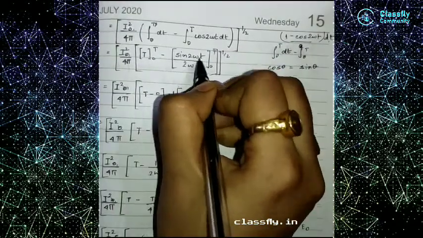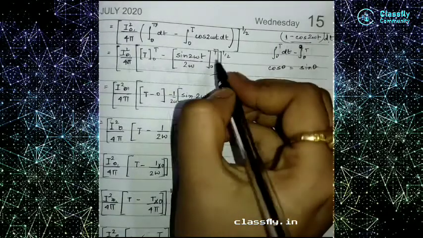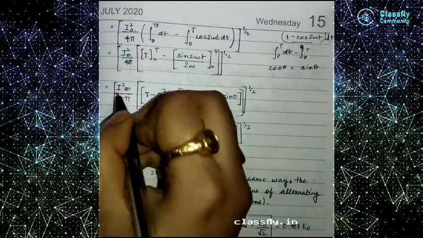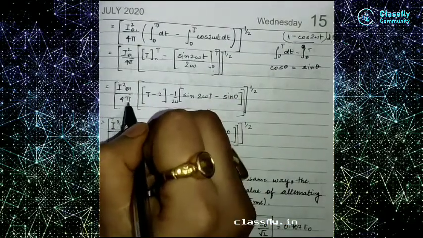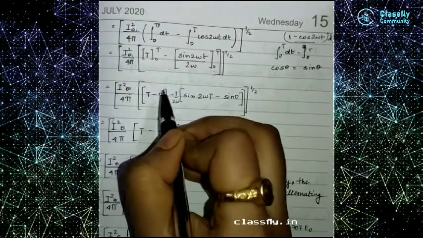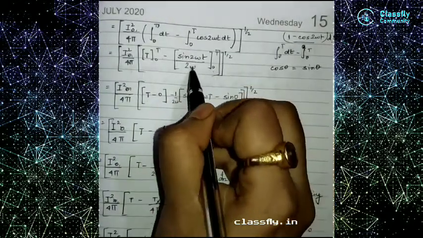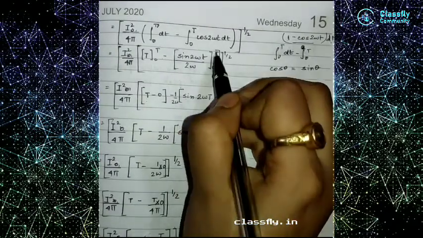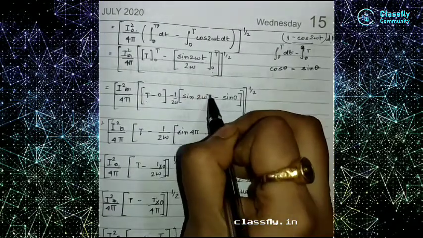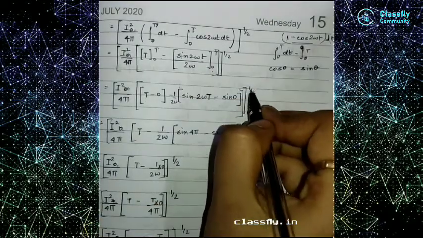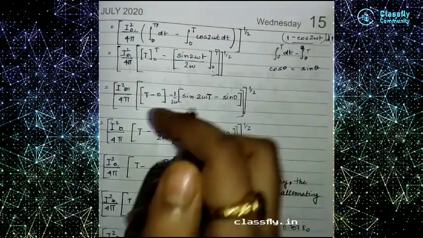So we get minus sin 2 omega t by 2 omega, from 0 to T, under the root. So I naught squared by 4 pi, T minus 0. First we write the upper limit, then the lower limit. We took out the 2 omega and write sin 2 omega T, wherever it is t we write big T, minus sin 0.